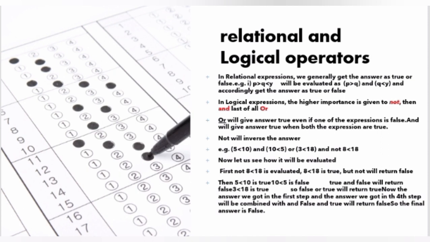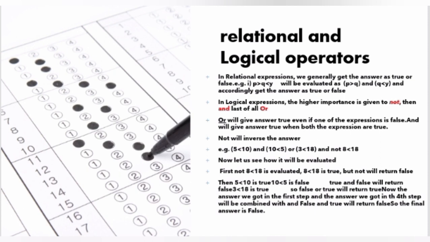In logical operators, the higher importance is given to not, then to and, and last of all to or. So or will give the answer true even if one of the expressions is false, while and requires that both the expressions should be true. And not will always reverse the answer.